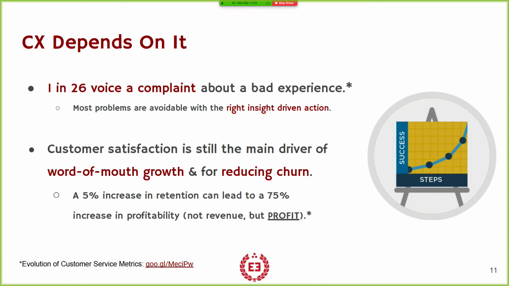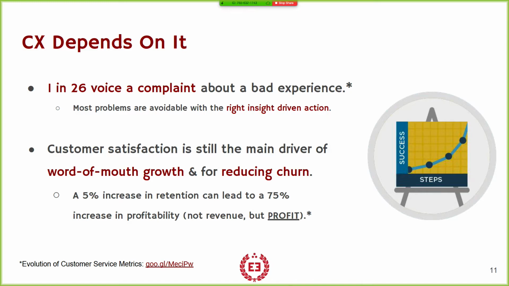And if you can just move that by 5%, you can just improve the churn of customers by 5%. That leads to a 75% increase in profitability. This is a study done by Bain, cited in this article. That's because it's really expensive to get a customer.